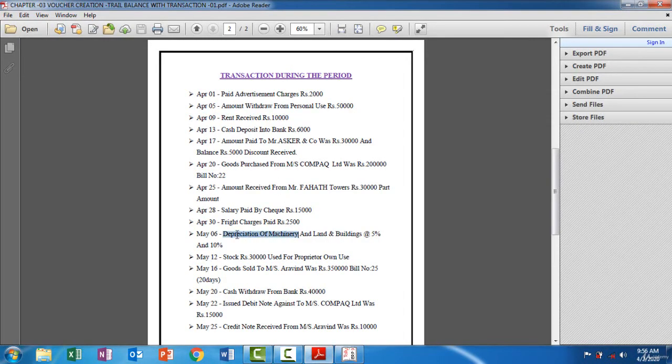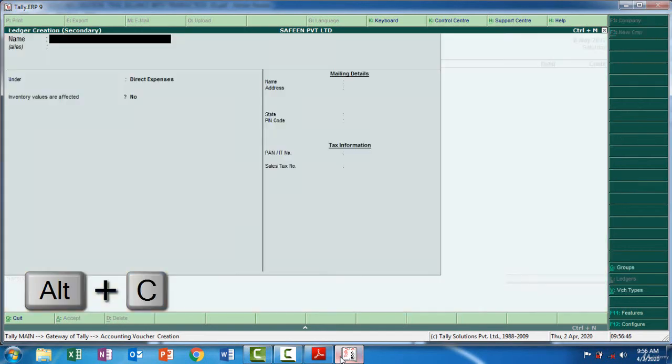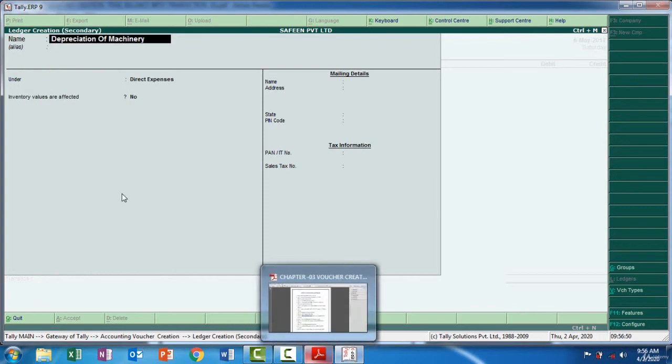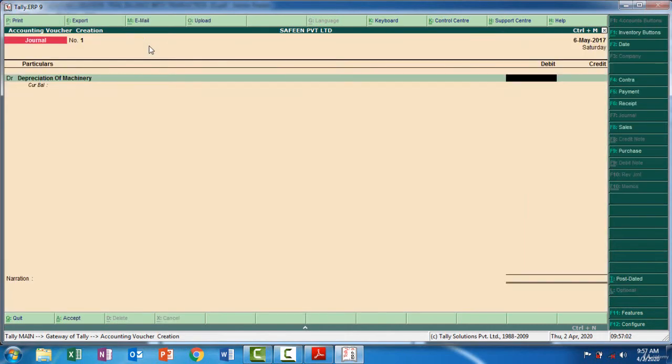I'm going to create it first. Alt plus C, machinery depreciation account, or depreciation of machinery account, it is coming under the indirect expenses. Then yes, debit how much?